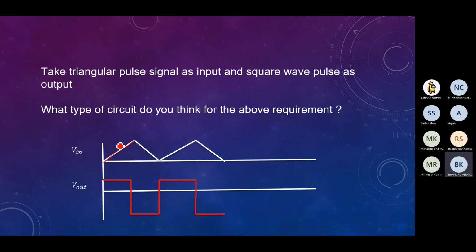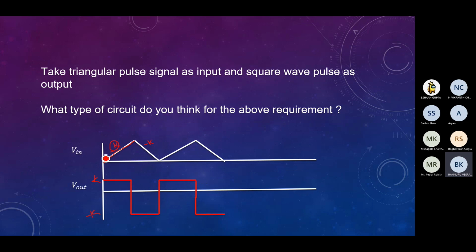Let us assume the slope is constant for the first half, and it is also constant but different for the next half. Let us assume the slope is k, and then it is minus k. If we take the slope of this curve, we get this.